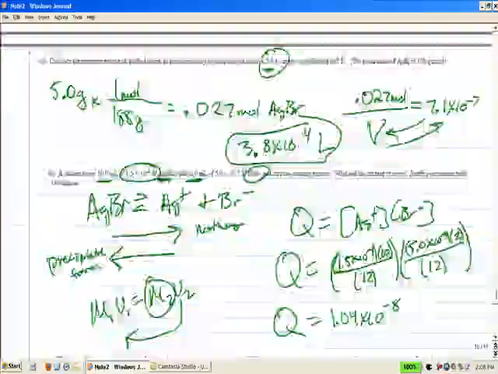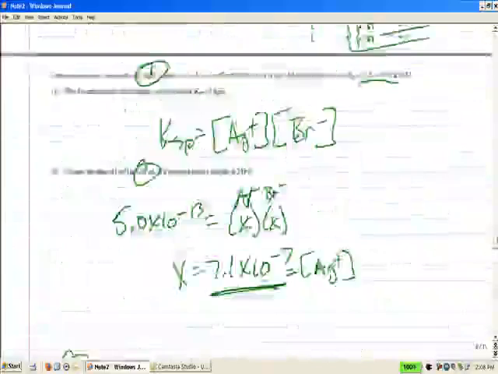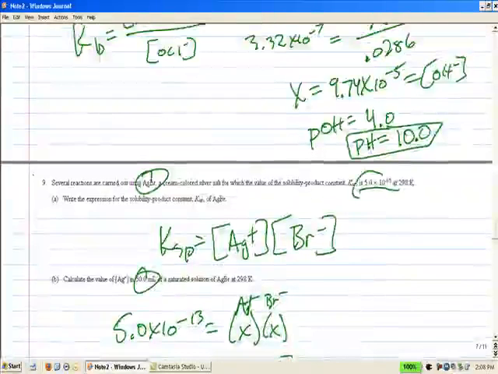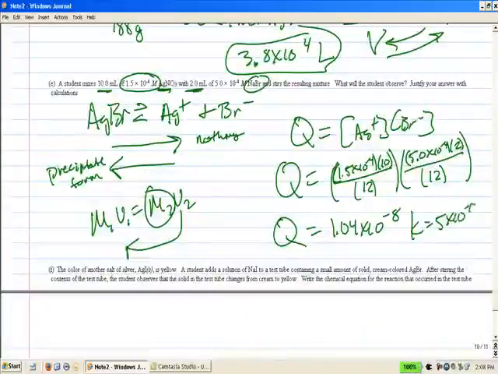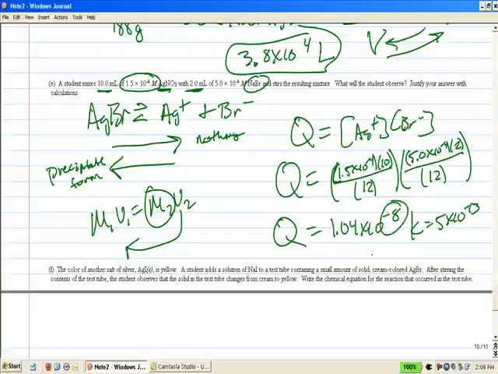And then I need to compare that to my original Ksp value, which was 5 times 10 to the minus 13th. So I can see that, because of the negative 8, Q is greater than Keq. So therefore Q has got to go down to reach K.